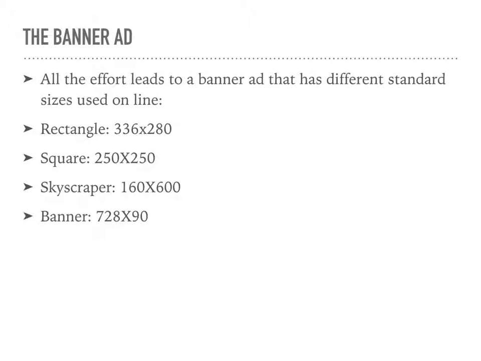There's the rectangle, which is 336 by 280, the square, 250 by 250, the skyscraper, which is a long, thin sidebar ad, 160 by 600, and of course the normal banner ad, which is 728 by 90. Those are the ones you'll see across the internet in just about any format.